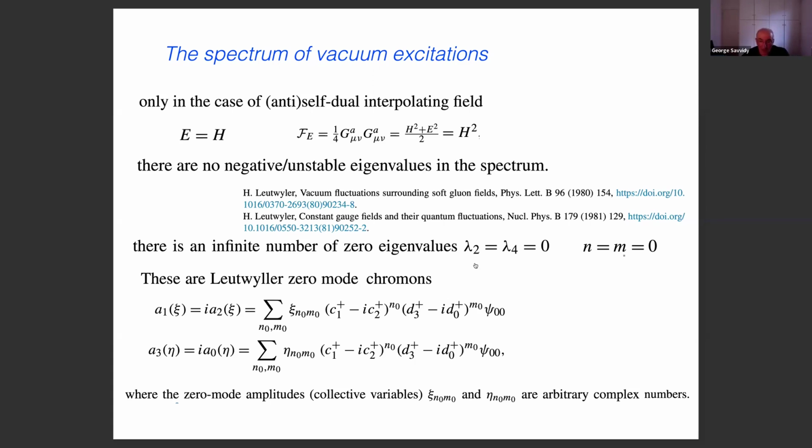And here, it's not just as in the case of the instanton, where the number of 0 modes was 4 plus 1 plus 3, it was 8. Here it's just infinite. And Leutwiler was unable to calculate the contribution of 0 modes.